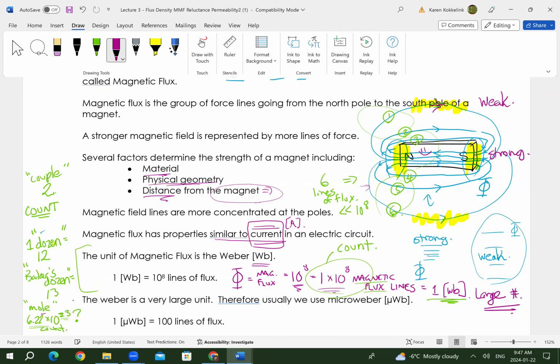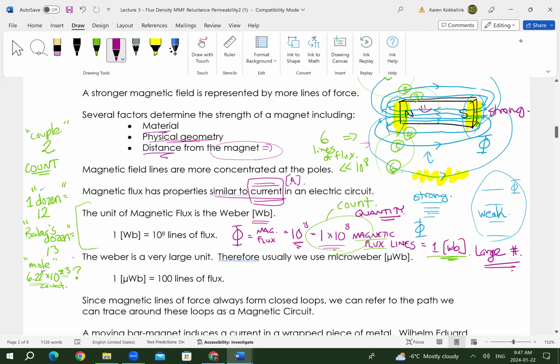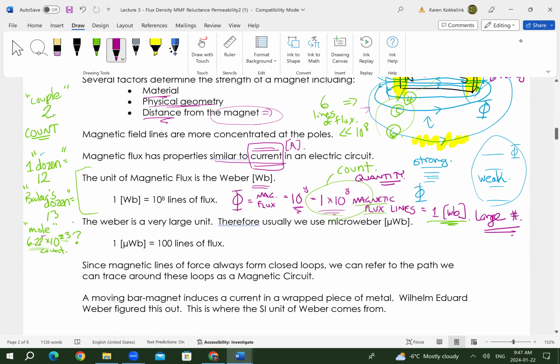And if we count out this quantity, I shouldn't say count, I should say quantity, then we get to give it a special name called a Weber. So it's just a count, but it's really, really big. It's a little bit too big for us to use.